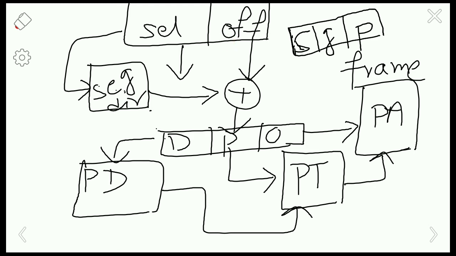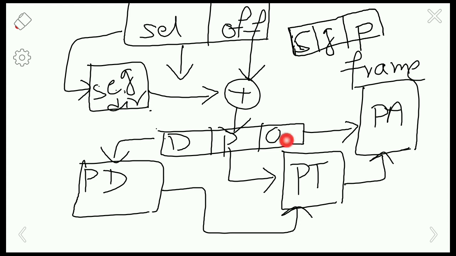The segment number in the selector is used as an index to the descriptor table. The base address in the descriptor table is combined with the offset address to give the linear address, which consists of directory, page, and offset.